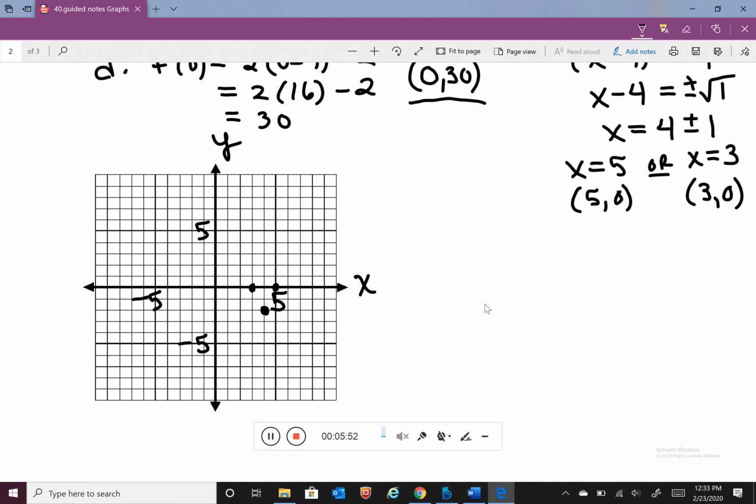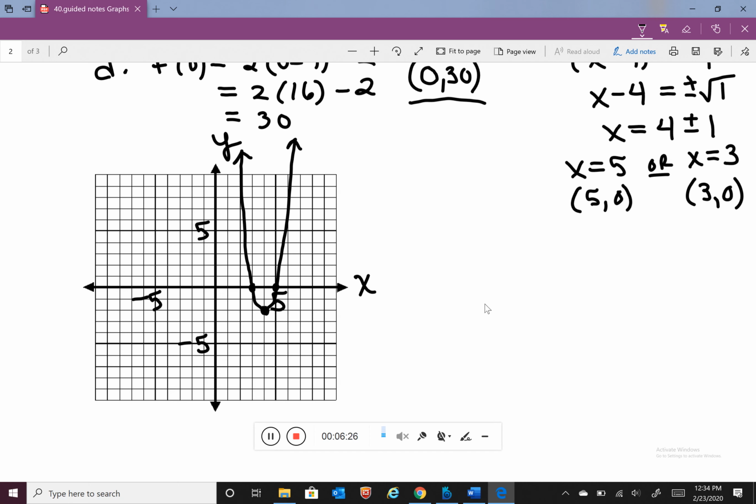And even though I'm not going to plot that point, it helps me understand that this is very steep. And then we turn, and then notice my arrows are necessary. It helps me understand that this goes up forever.